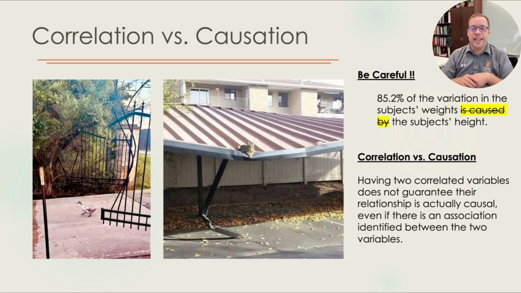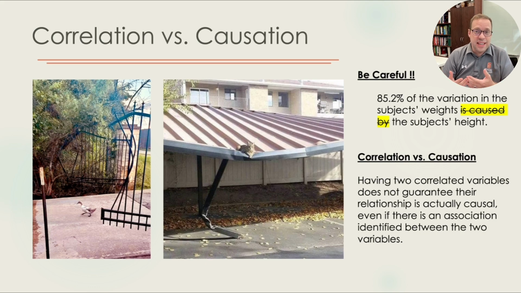All we can say is that the variation in the Y variable is explained by the explanatory variable. So in this particular example, does an increase in height cause an increase in weight? We can't really say that for sure.